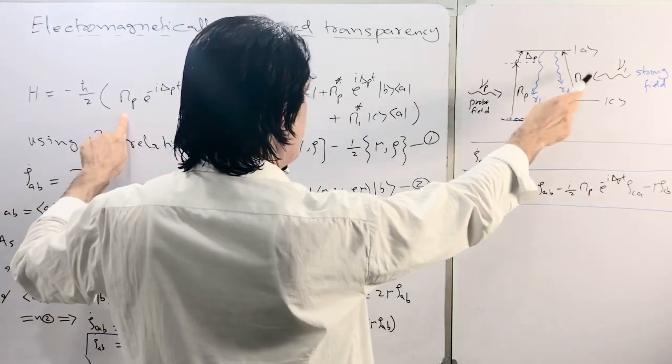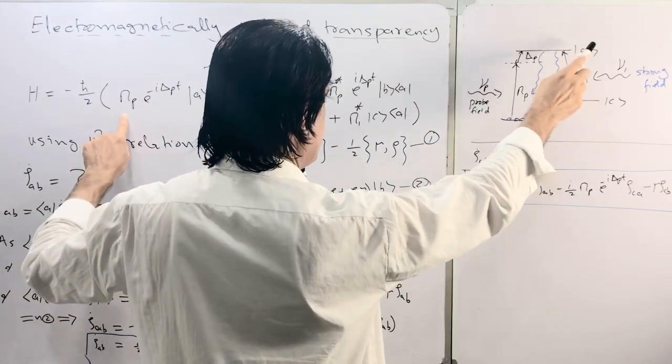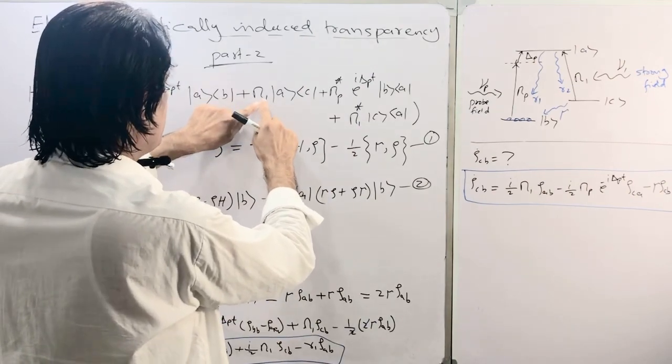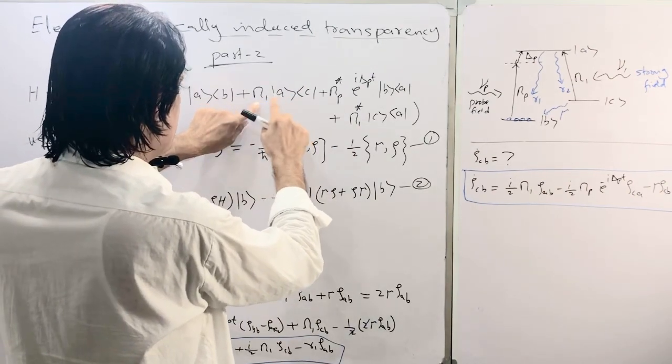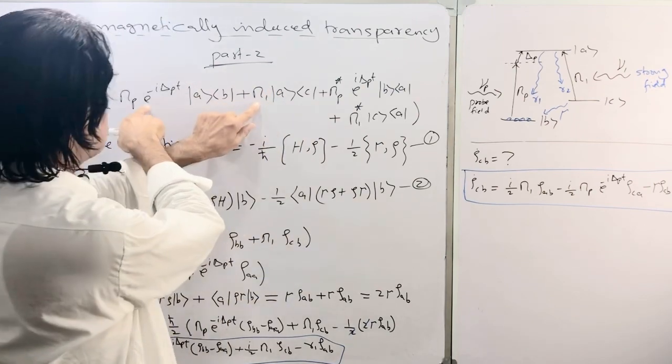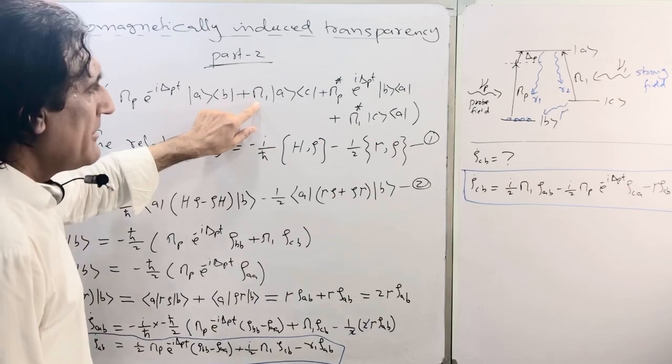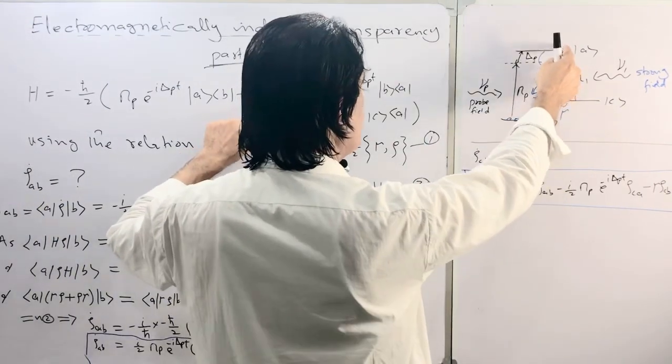The omega 1 is applied between A and C, then we can write omega 1 AC, but there is no exponential e to the power minus iota delta t, because here there is no detuning.